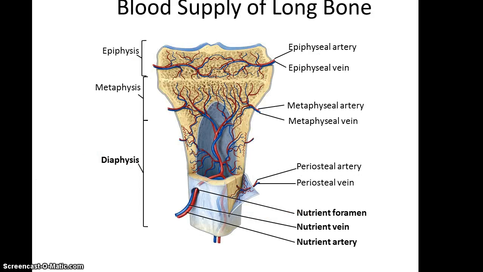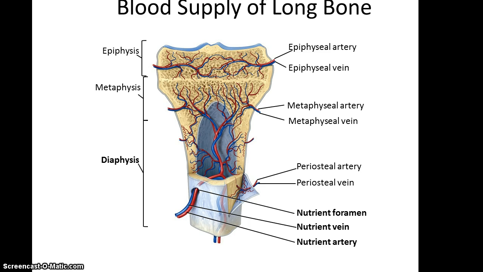So, the bones are alive. They need blood in order to get nutrients and to get rid of wastes. Now, the largest blood vessels entering and leaving will enter or leave by the diaphysis in the nutrient foramen. A long bone could have more than one foramen, but most of them usually have at least one. And that provides the blood for the bulk of the diaphysis.